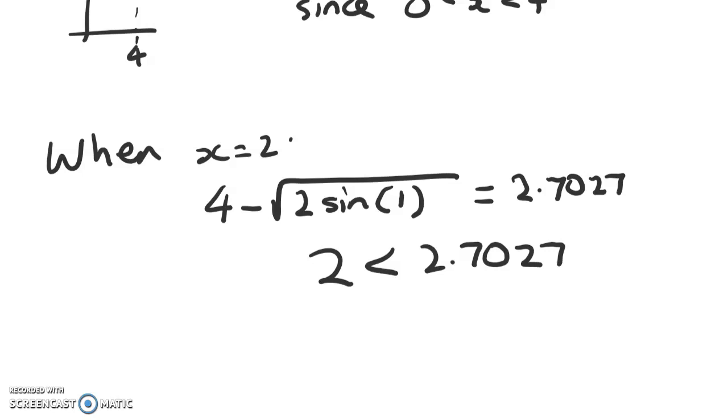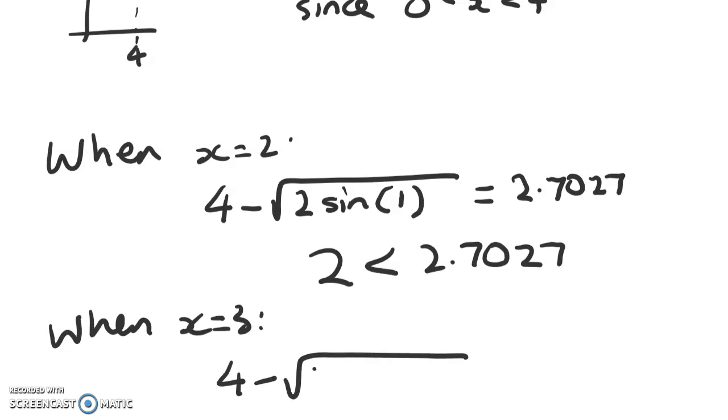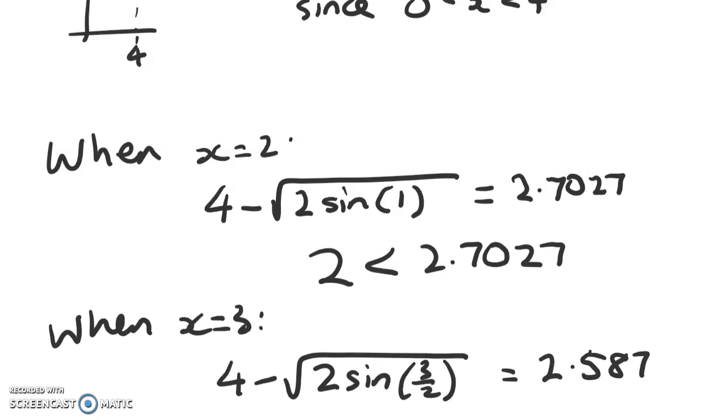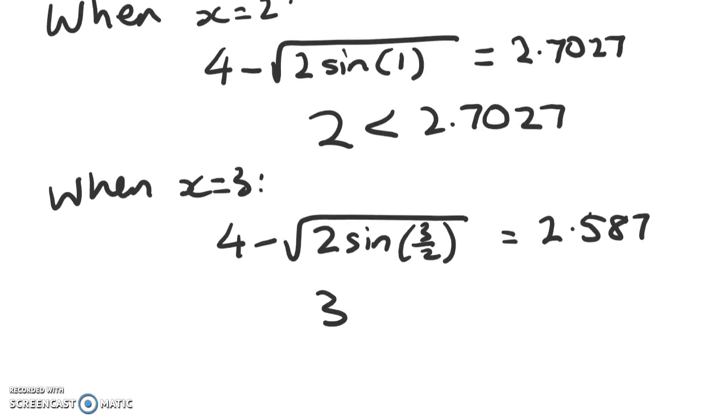And now I do the same thing for 3. So when x is 3, we get 4 minus the square root of 2 sine half of 3, so 3 over 2, is equal to 2.587. So we've got 3 is greater than that.